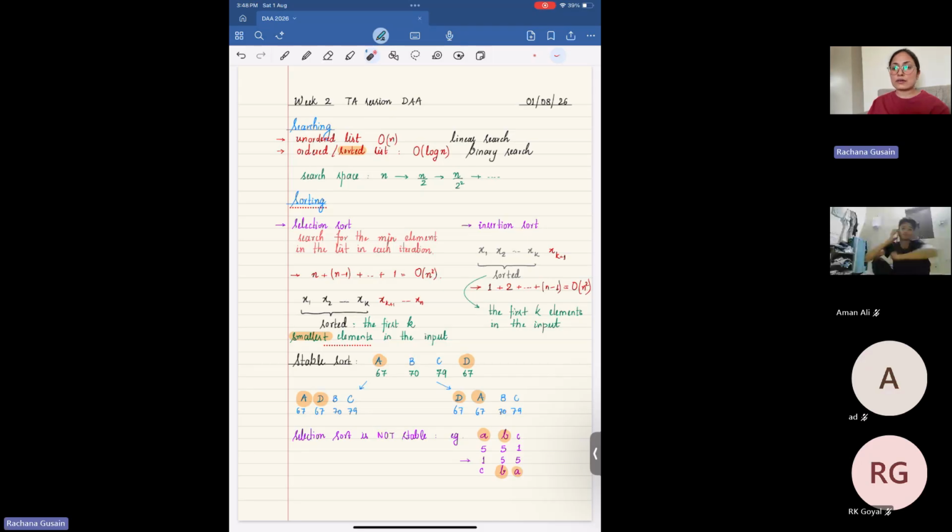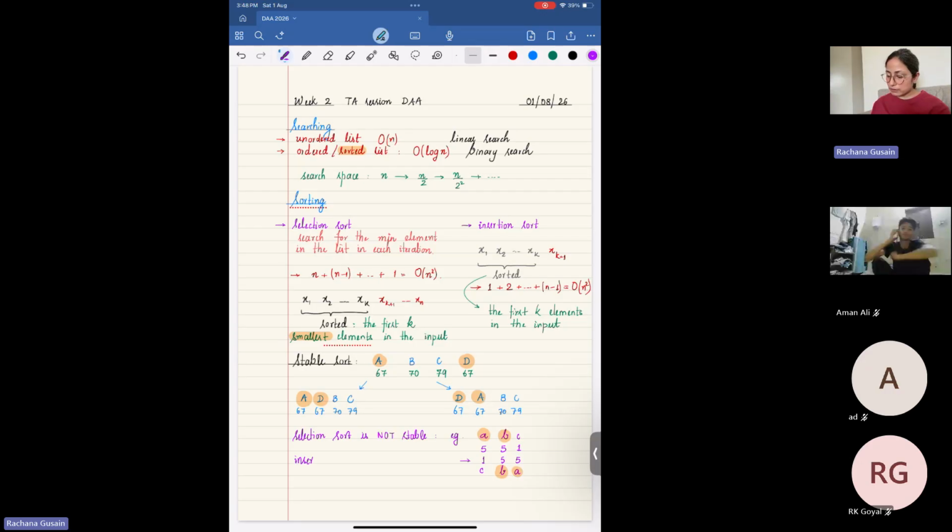Is this clear? Why is selection not stable? Yes, ma'am. And what about insertion sort? Is that stable? Just think of how insertion sort works.